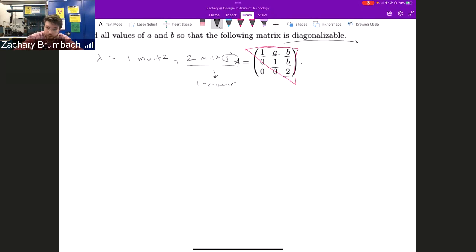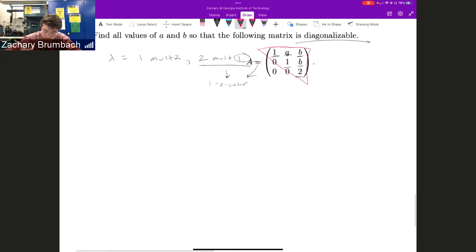Since it only has a multiplicity of 1, it also at least has 1 eigenvector, okay? I'll just go ahead and write this on a little sidebar. For multiplicities, okay? Your algebraic multiplicity is always greater than or equal to the geometric multiplicity, which is always greater than or equal to 1, okay?